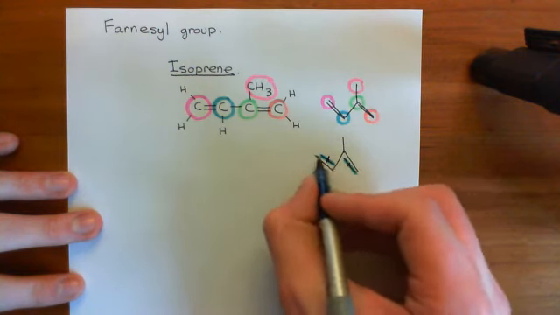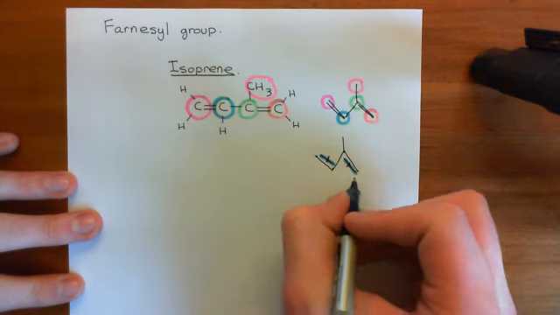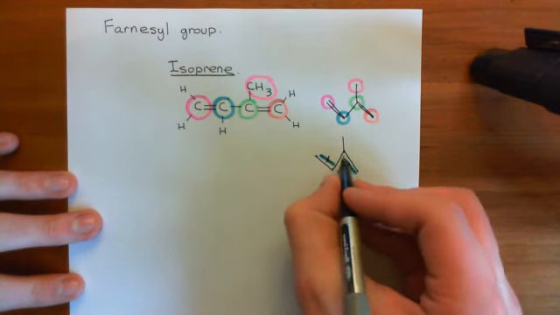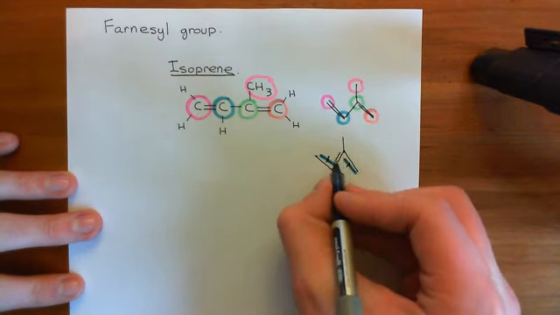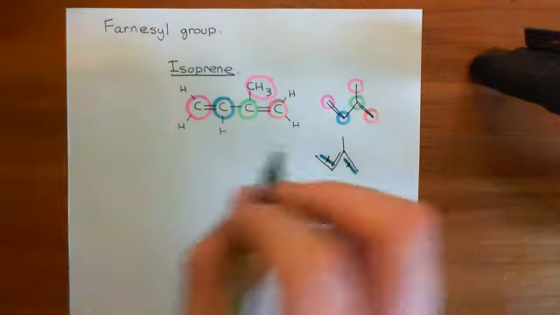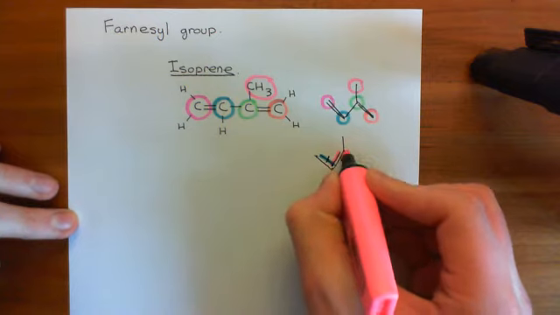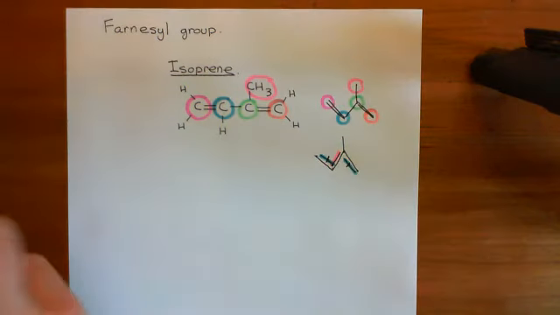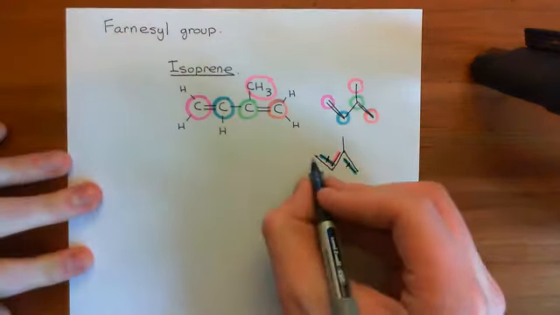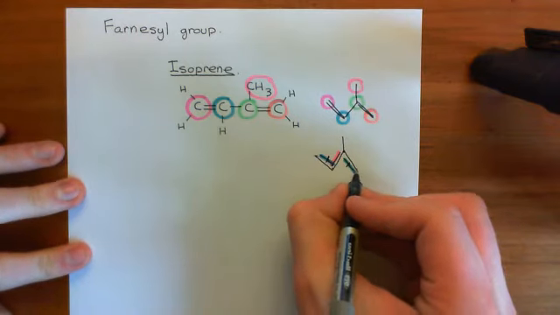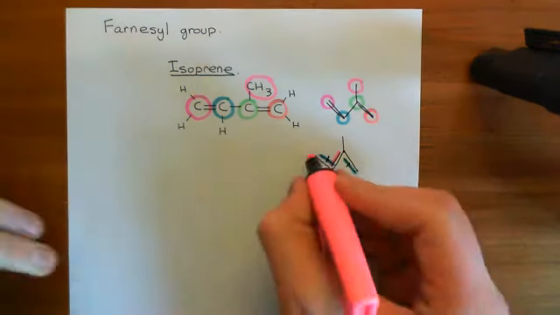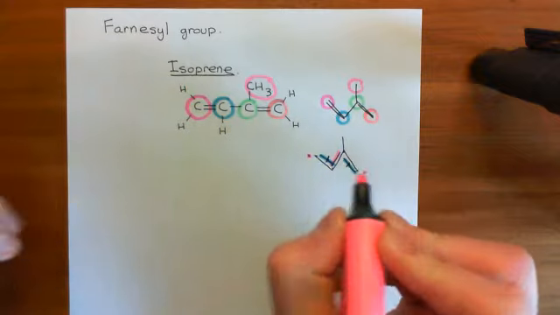That's going to leave all of these four carbons with a single free electron. This carbon and this carbon will now form a new bond between themselves. They'll form a double bond with their two free electrons. So this carbon will put an electron in, this carbon will put an electron in. That then leaves the first and the fourth carbons here with free electrons, which I'll show like this.